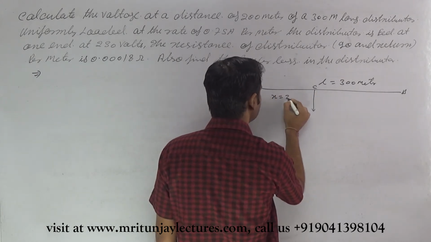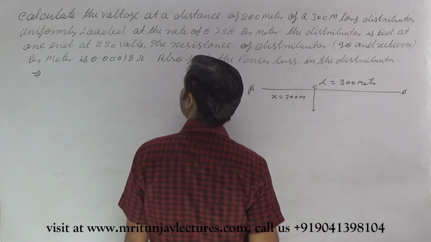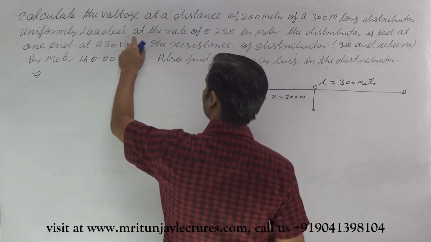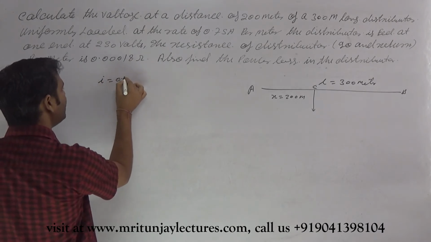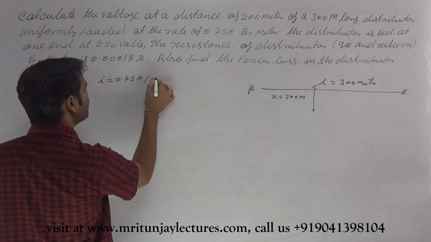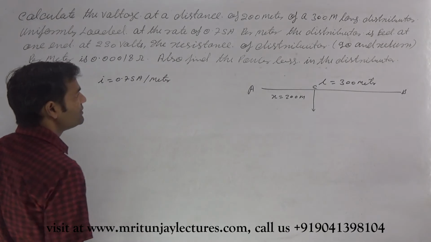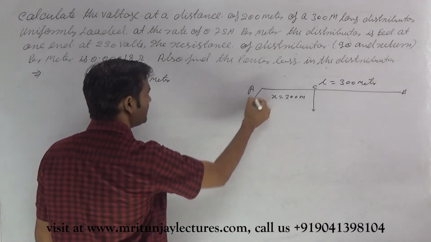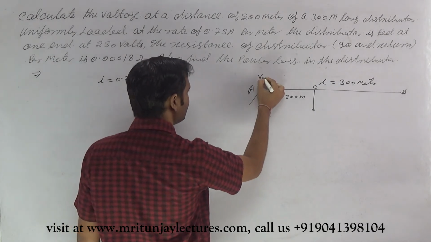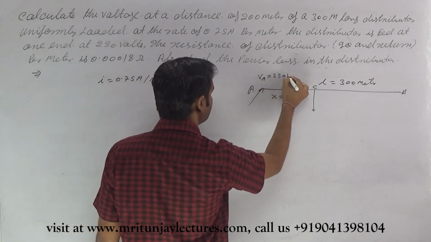X this equal to 200 meter. Okay, distributor uniformly loaded at the rate of I this equal to 0.75 ampere per meter are given. The distributor is fed at one end, so that is VA is given 250 volt.